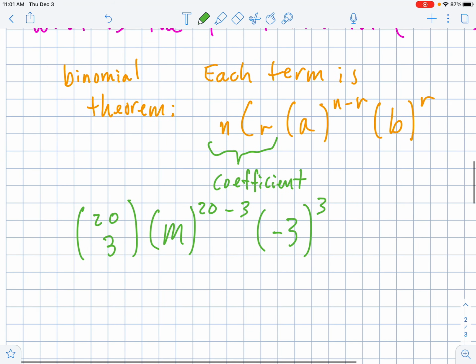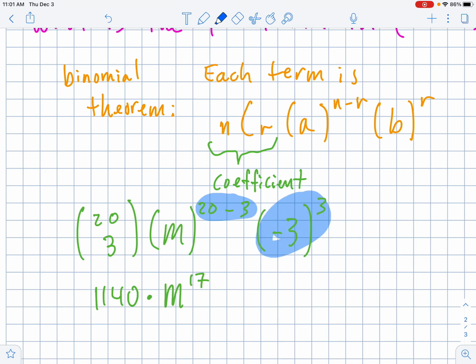Now, using my calculator, I'm going to figure out what 20 choose 3 is. So 20, math, probability, go down to nCr, and then punch 3. So this whole number here is 1140. Now, this is 17, so this becomes m to the 17th.